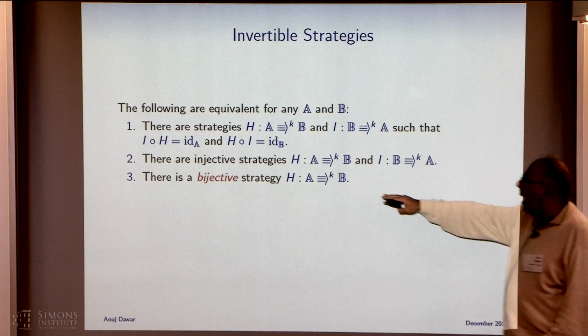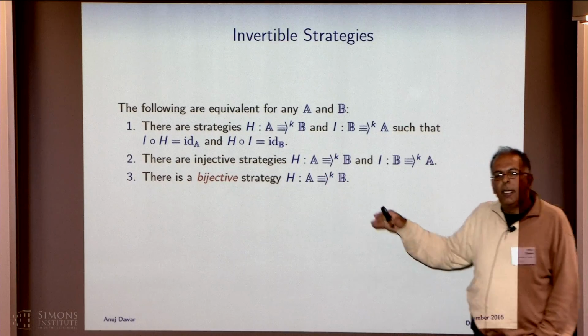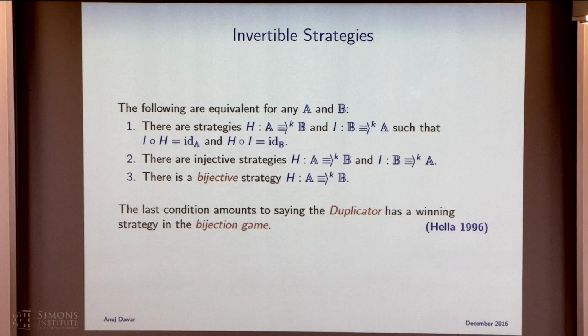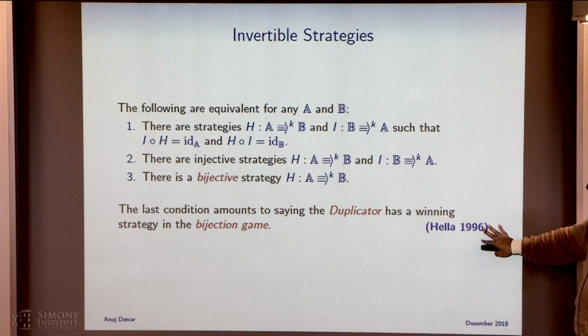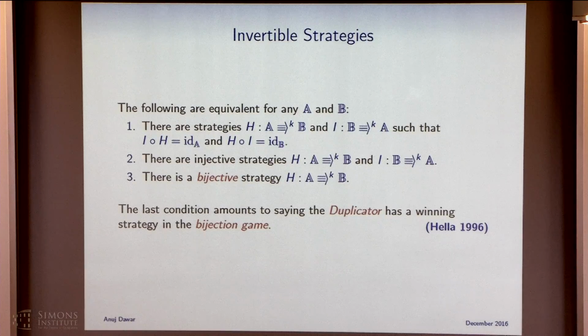The reason this is nice is because this condition 3 arises very naturally in an entirely different way. It is essentially a winning condition for what's called the bijection game, which was introduced by Hella as a characterization for a certain counting logic.